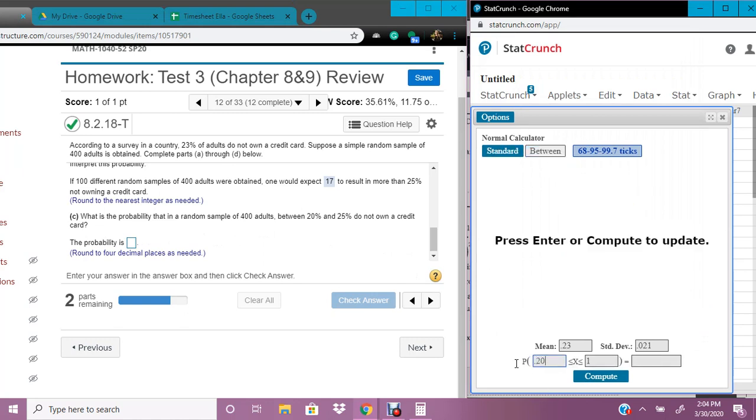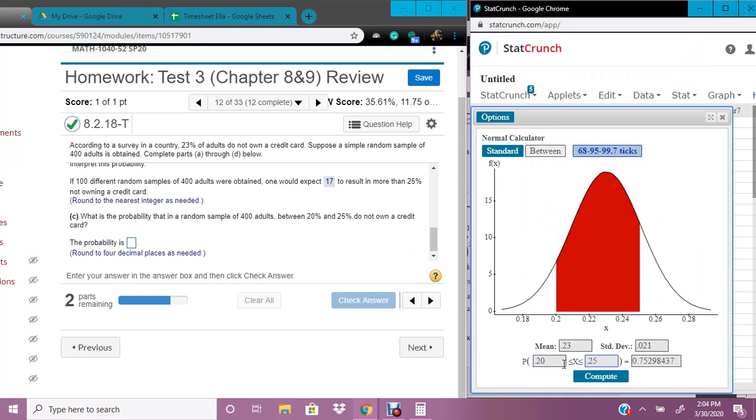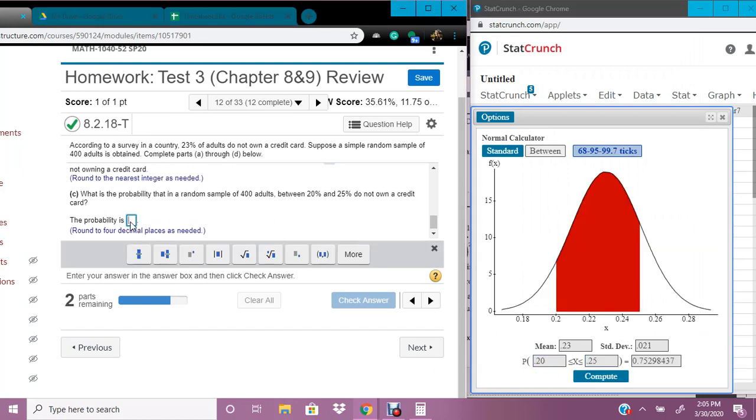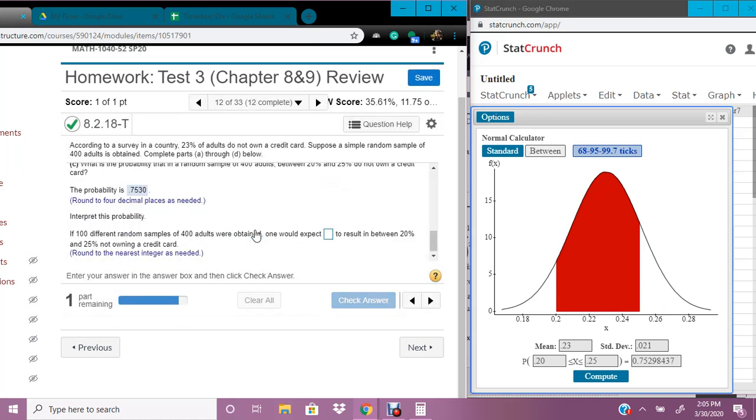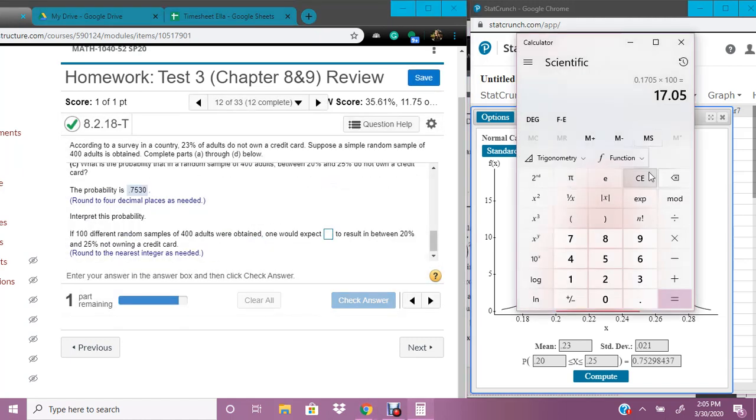And it's 0.20 and 0.25. And then we do the same thing with our calculator there. Type in this answer and times it by 100.